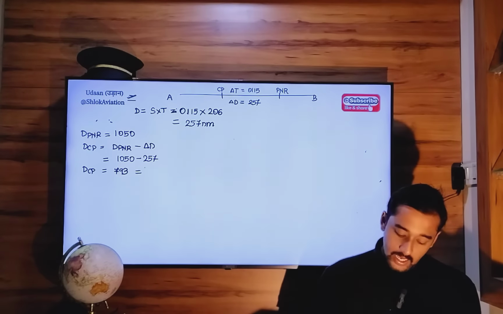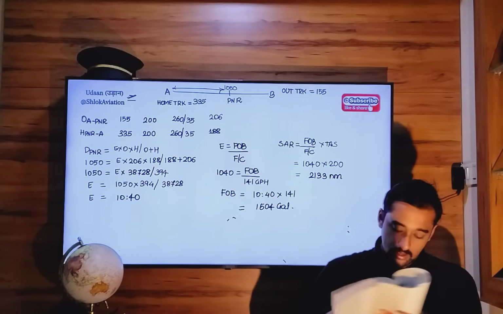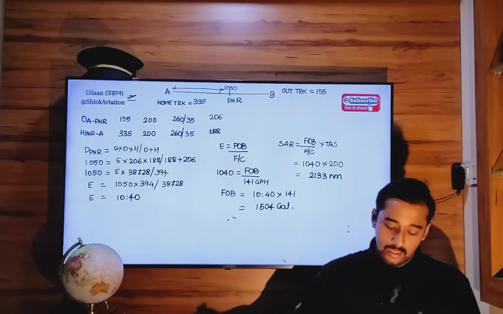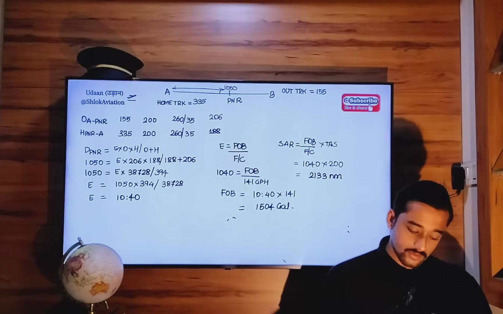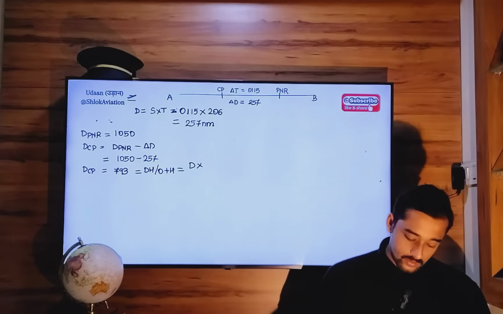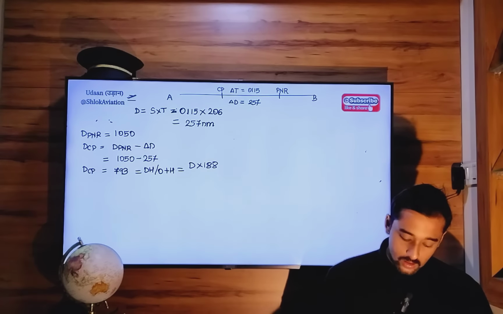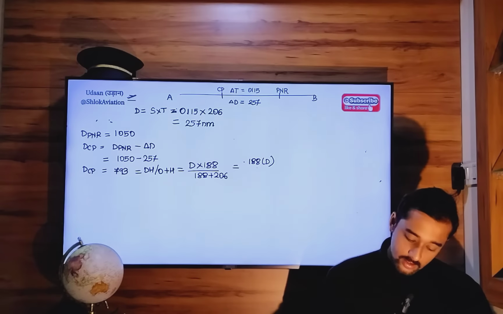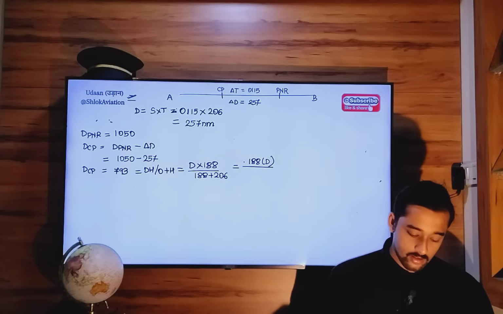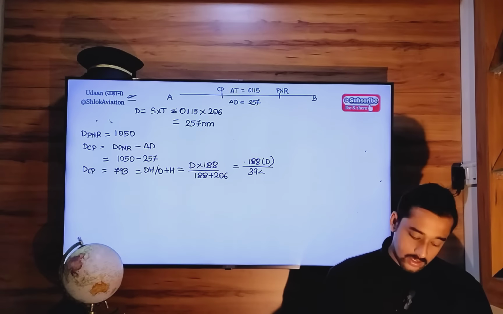Critical point is D H O plus H. So DH is how much? 188. So 3904.